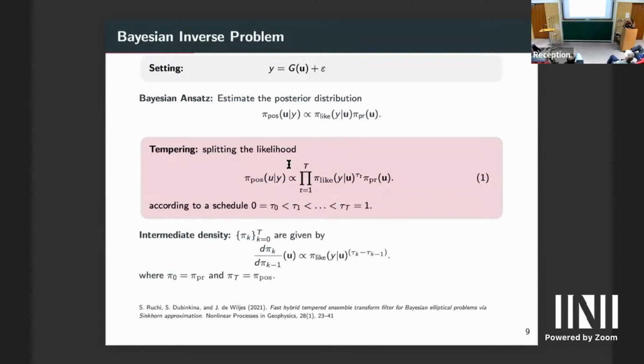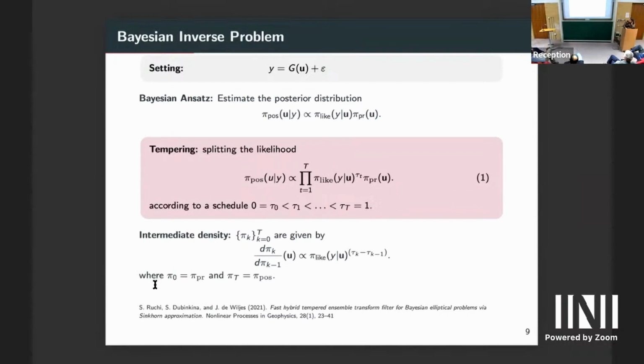Essentially what I end up with is these intermediate densities. In fact, it's not really clear if they're actually densities or just measures, but let's assume we actually have intermediate densities here. They're proportional to the likelihood to the power of whatever the increments are, going up to 1 in our tempering schedule.